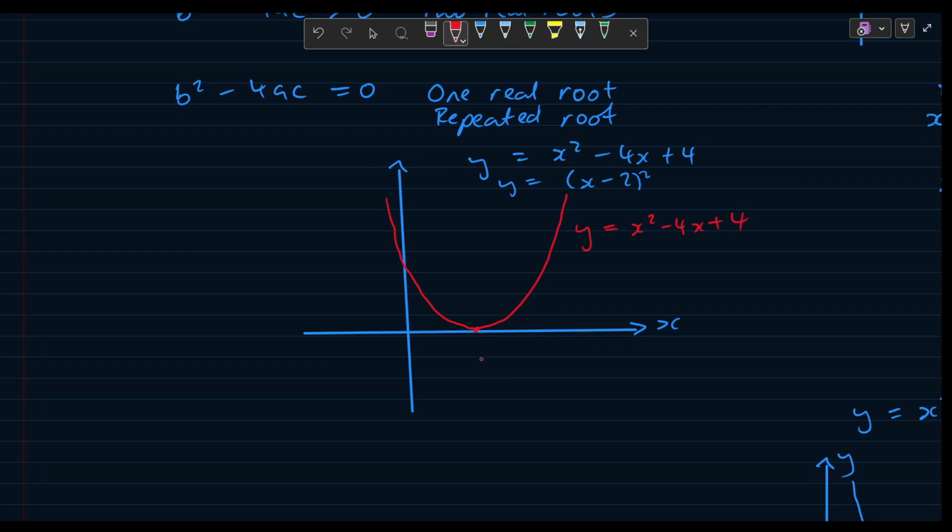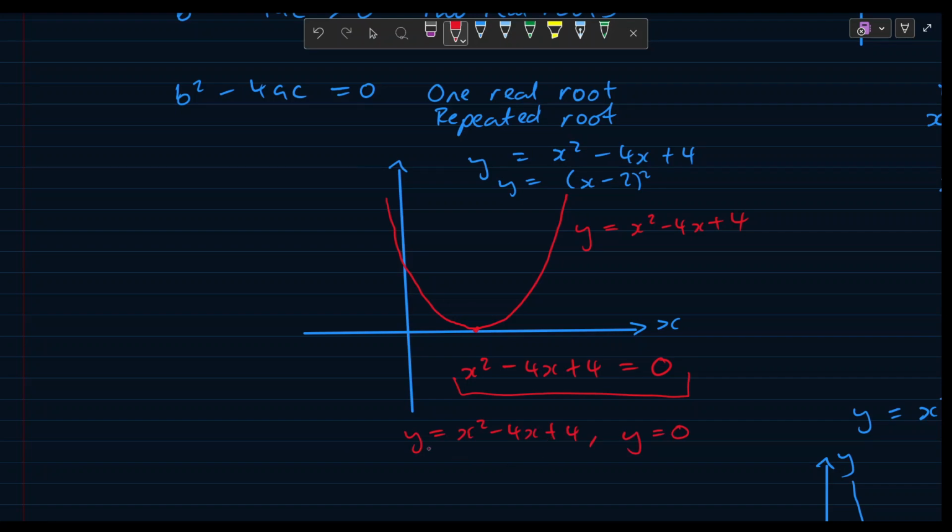Now say we were tasked to solve the equation x squared minus 4x plus 4 is equal to 0. And so this equation would arise from having y equals x squared minus 4x plus 4 and y is equal to 0.